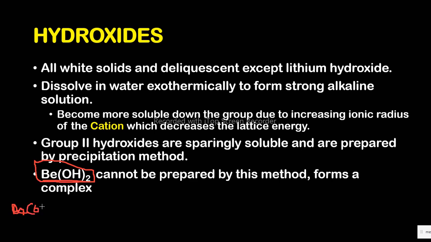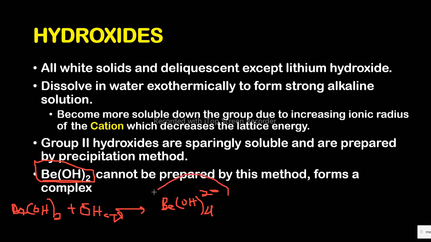Insoluble hydroxide, which is Be(OH)2. But since the OH is going to be in excess, since the sodium hydroxide is going to be in excess, then it will further react to form a complex, which is [Be(OH)4] 2 minus.